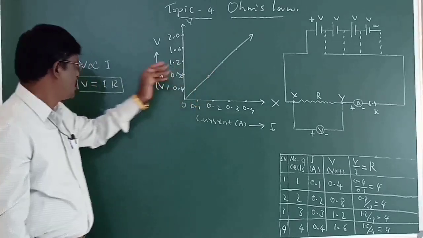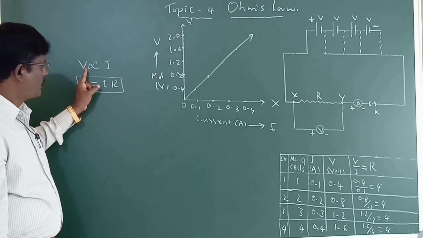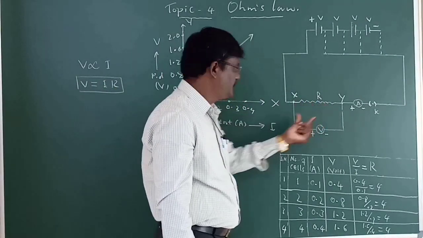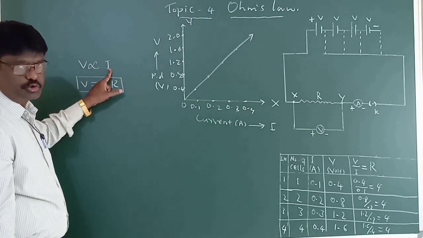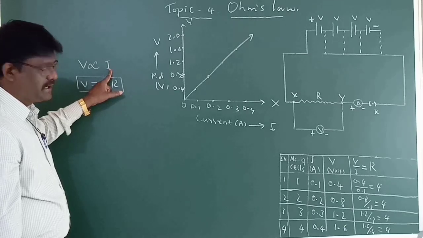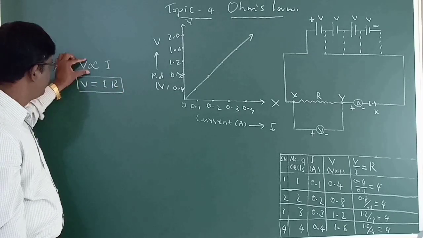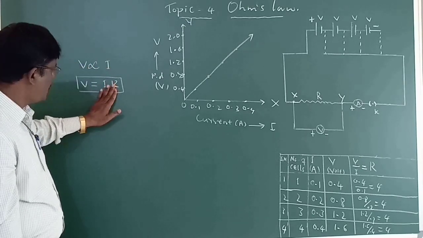Hence, children, now we shall put the law like this. The potential difference across a conductor is directly proportional to the current flowing through it, provided the temperature remains constant. Hence, V is proportional to I. Therefore, V equals IR.